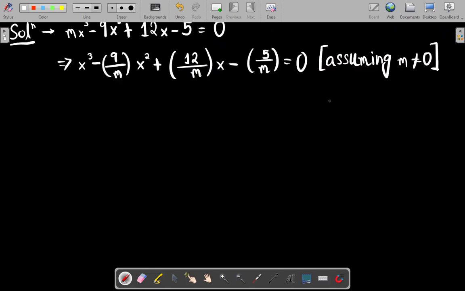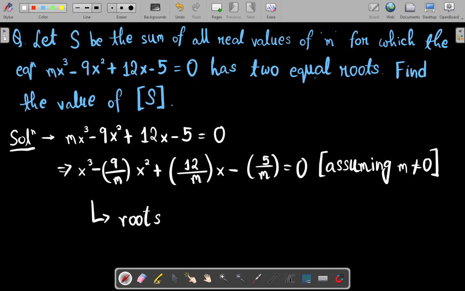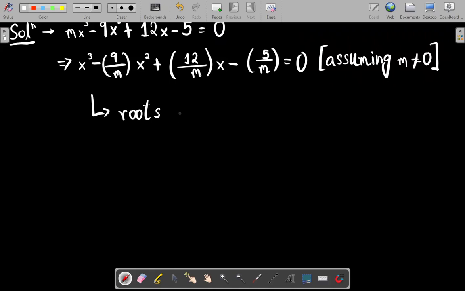All right, now it is given that this equation has two equal roots, and a cubic equation should have three roots. So let us assume the roots are alpha, alpha, and the distinct root be beta. Now we can use the sum of roots and product of roots relations.